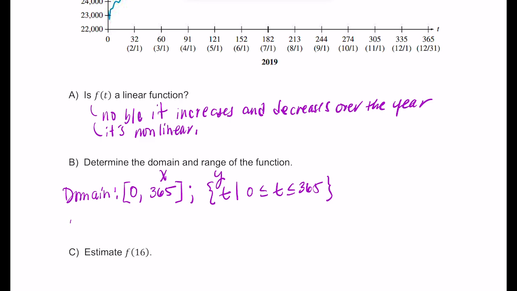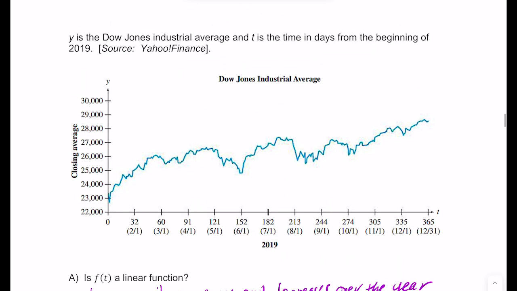on December 31st. Now, the range is your y, okay? And y is just the closing average at any time. Well, I can see that the lowest closing average looks like it occurs here. And it appears that the highest closing average is down here.